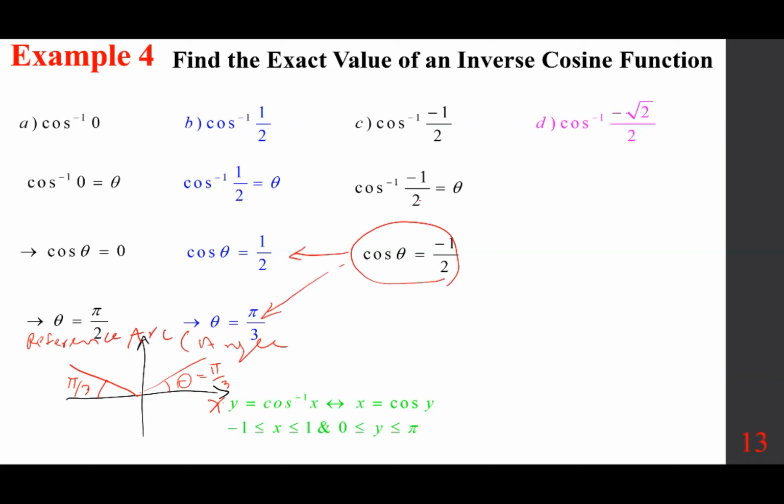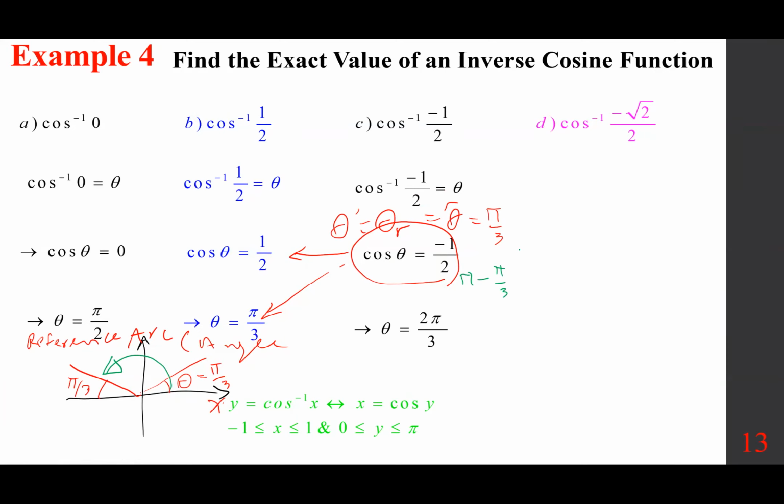And for this one, the reference arc, which we call theta prime or theta sub r or theta hat, is also pi over 3. But the answer we are looking for is this. So the answer is pi minus pi over 3, which is 2 pi over 3. This is the concept known as reference arc or angle. We're going to do the same thing for part D.